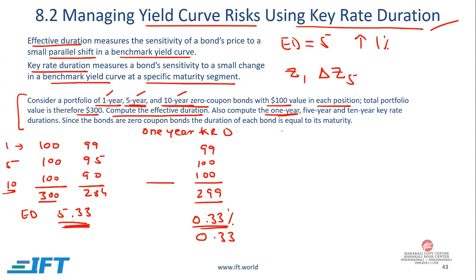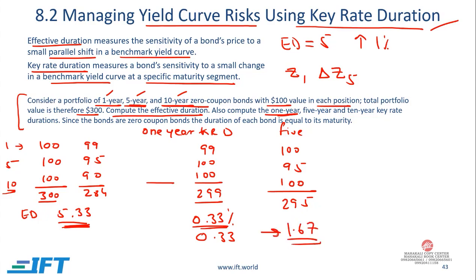Now what about the 5-year key rate duration? With the 5-year key rate duration, we assume that the 5-year rate goes up by 1% and other rates remain the same. So therefore, the 1-year bond will stay at 100, the 5-year bond will come down to 95, and the 10-year bond will stay at 100. So the value of the portfolio comes down to 295. This is a decrease of 1.67%.